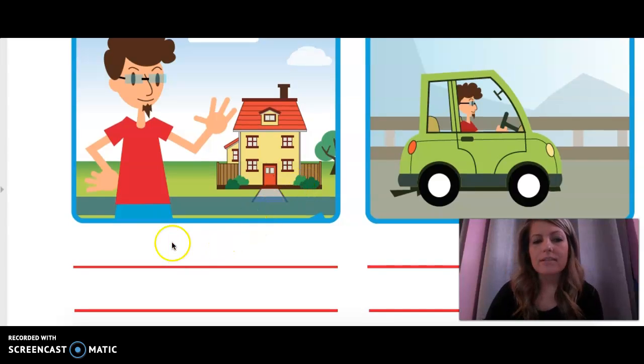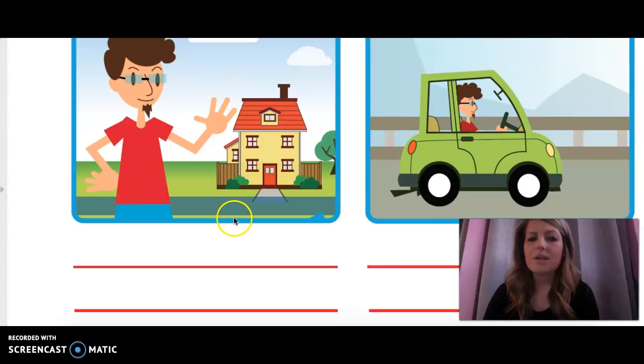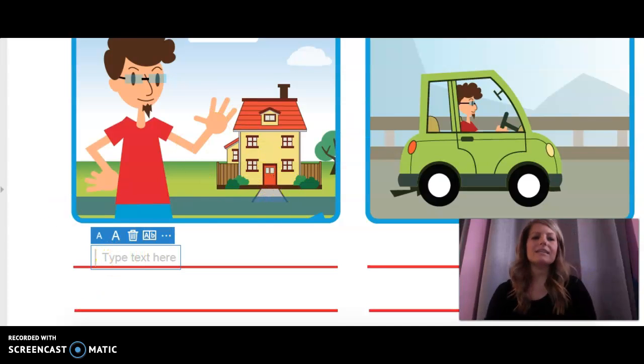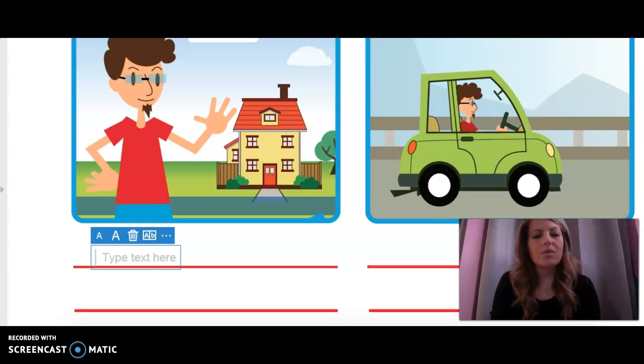For your captions, like I said, you need to tell me what is going on in the picture. Now that I've looked at the whole story, I can tell you that it looks like he is leaving his house. So the first caption would be, he is leaving his house.